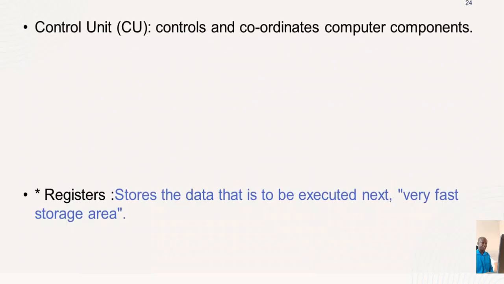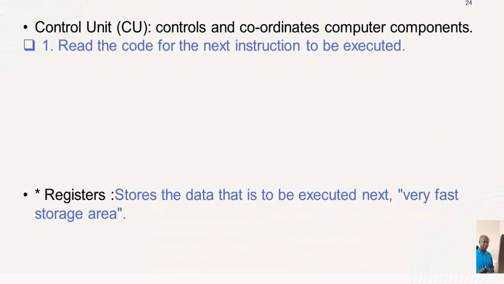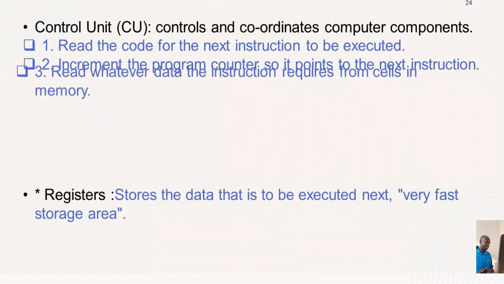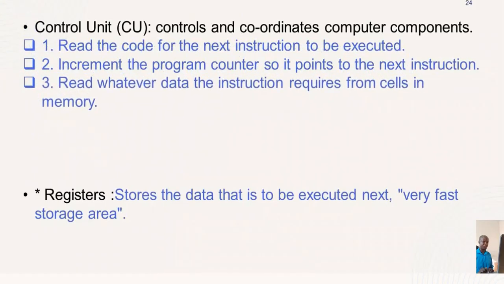Control unit, CU, controls and coordinates computer components. Number 1, read the code for the next instruction to be executed. Number 2, increment the program counter so it points to the next instruction.